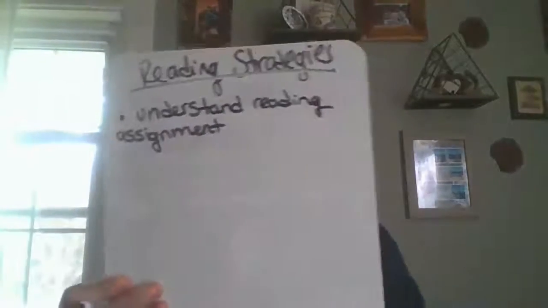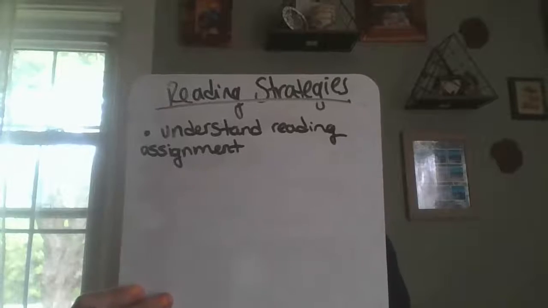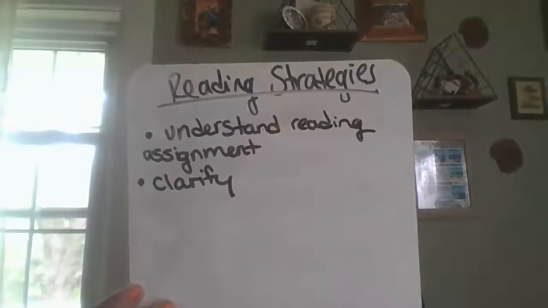Are you taking notes only for yourself? And understanding where to stop. For example, if your textbook has additional readings, do you need to read those? And this might be a good time to ask your professor to clarify a reading assignment. So you not only need to understand the assignment, if you don't understand it, you need to ask for clarification.